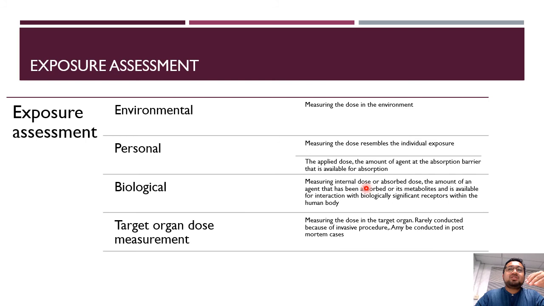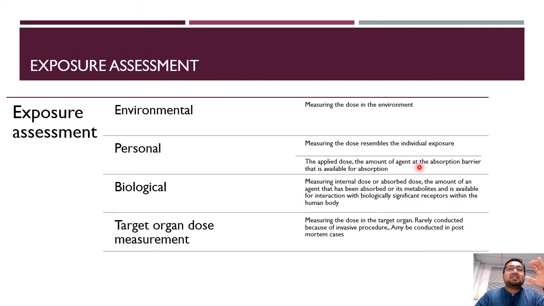The applied dose, the amount of agent at the absorption barrier that is available for absorption. Okay, dia bagi dekat personal. Biological ni adalah dalam badan manusia tersebut. Measuring internal dose or absorbed dose, the amount of an agent that has been absorbed. Okay, has been absorbed maknanya yang telah masuk ke dalam badan orang tu.